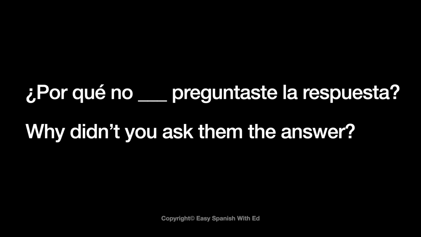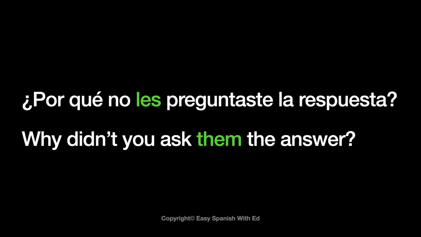Why didn't you ask them the answer? Here you're asking for information and there would presumably be an exchange of information between two or more people, so we have to use the indirect object pronoun.